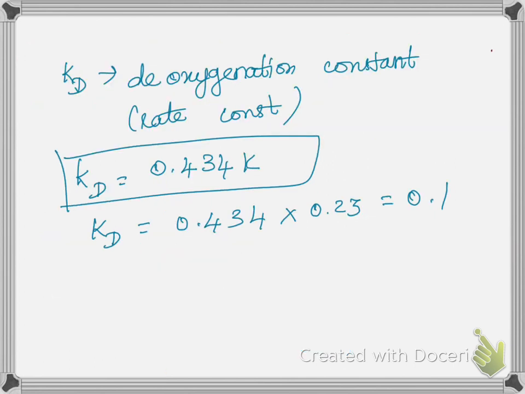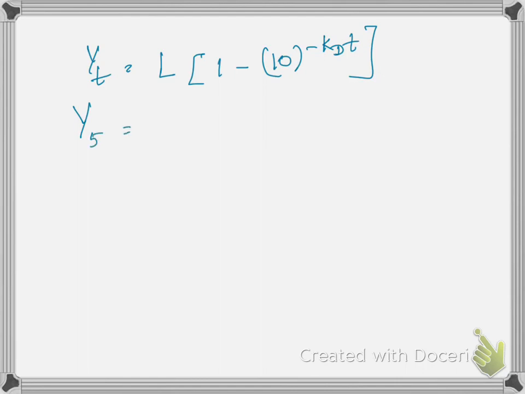Okay, so I'm going to use the formula, which is YT is equal to L into 1 minus 10 power minus KD into T. In this problem I'll rewrite it: Y5 is equal to L into 1 minus 10 power, my KD I have determined to be minus of 0.1 into T, which is the number of days.